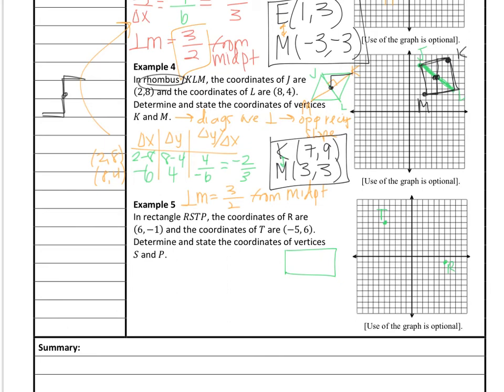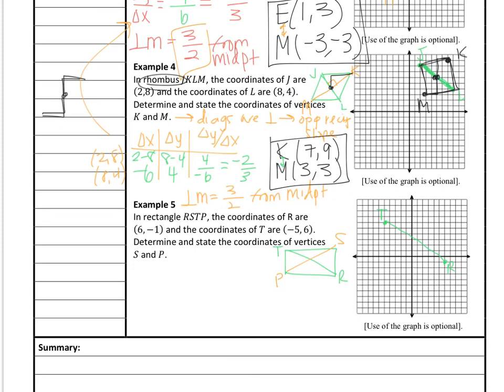And I'm going to connect them again, use a straight edge. So here I have T in the top left, R in the bottom right, and I connect it. If I draw in the other diagonal with S and P, they don't make right angles. But what I do know about the diagonals is that they're congruent.